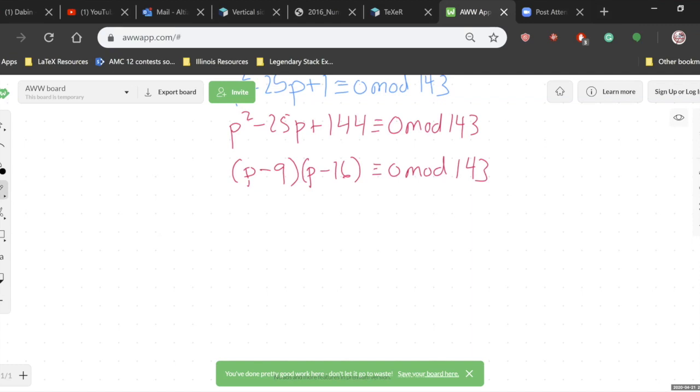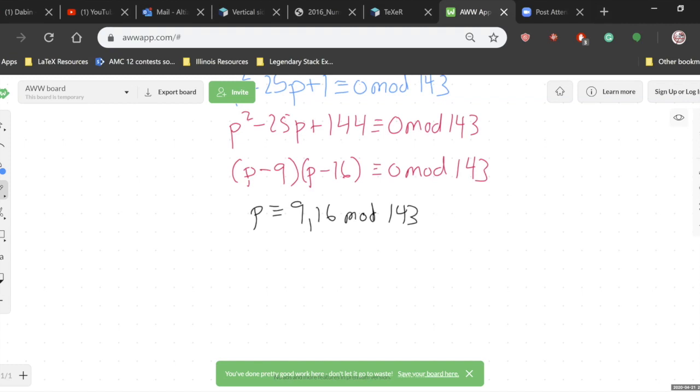So the first case is, or rather, let me say that P is congruent to 9 and 16 mod 143 are solutions, but they're not the only ones, right? How can we get another solution?